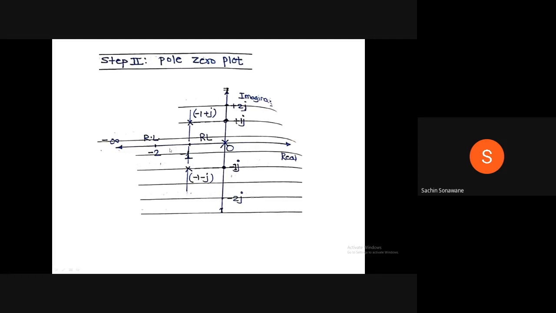Therefore, towards the right side of 0, no root locus region, and towards the right side of minus 1 plus minus j, root locus region exists. And again, towards the left side of minus 1 plus minus j, up to minus infinity, root locus region will exist. The x axis is known as the real axis, the y axis is known as the imaginary axis.